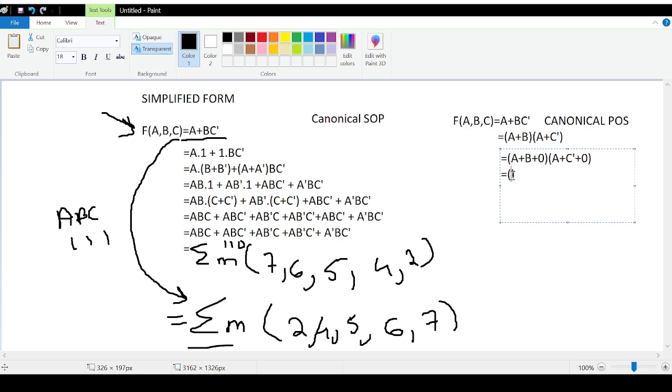C. So can't I write it like this? A plus b plus c into c bar. That's good, because c into c bar is 0. And what do we write this as? B into b bar.